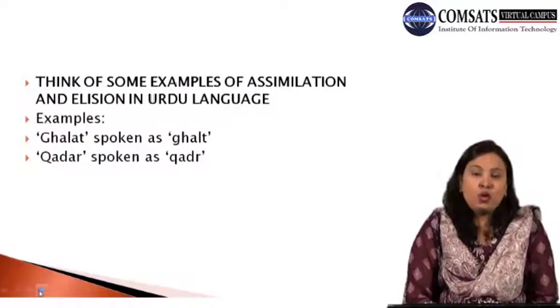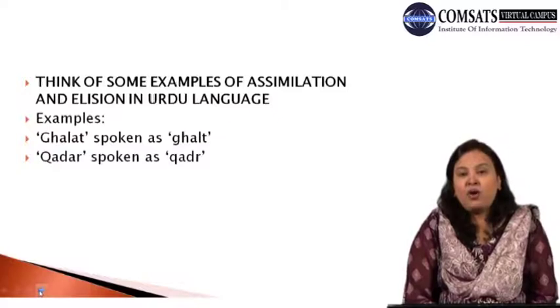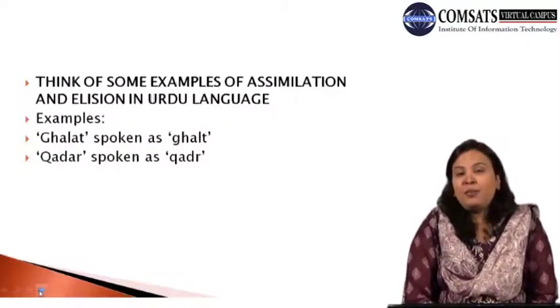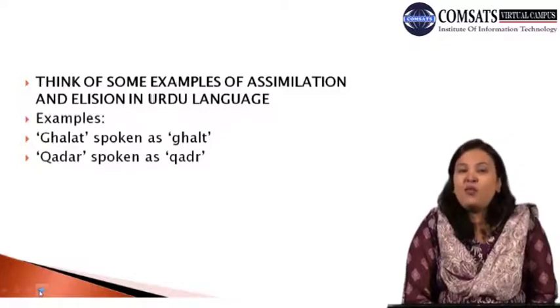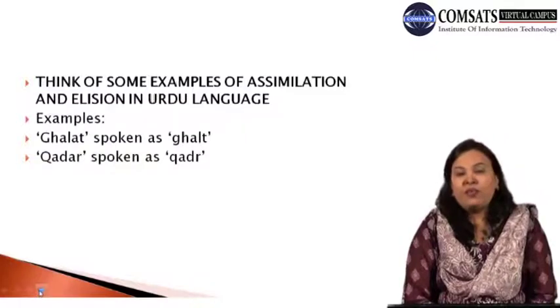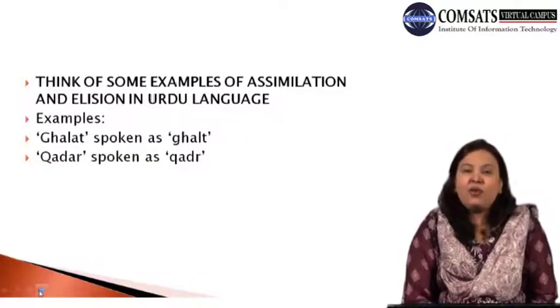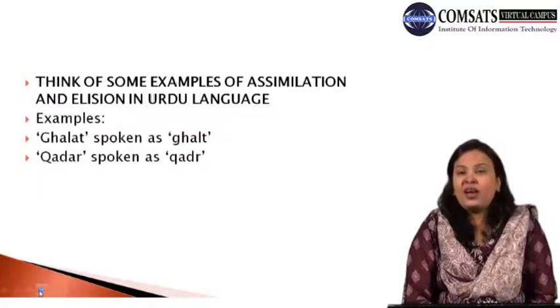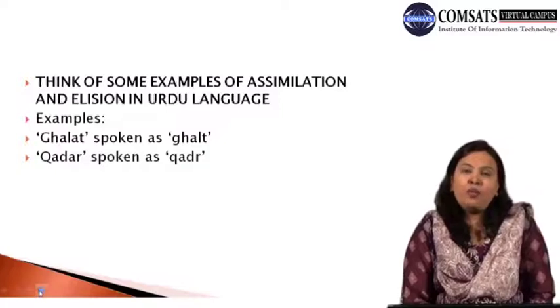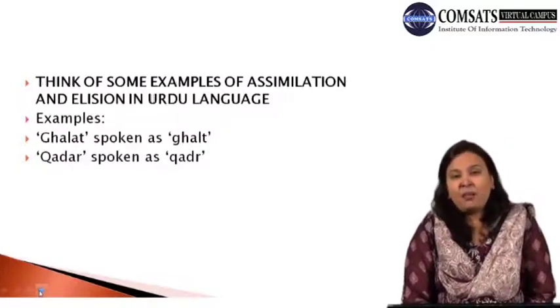Rather, they are found in many languages, and the reason is that when we pronounce words with flow, native speakers often omit or assimilate sounds which are difficult to pronounce.